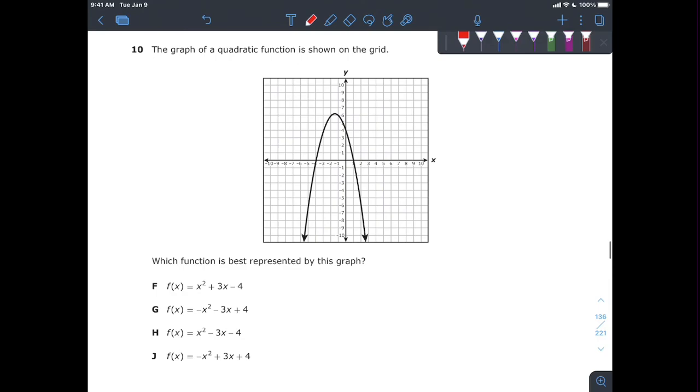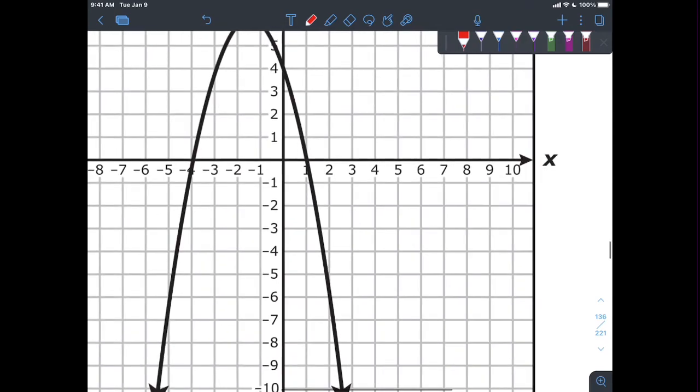Number 10. They want to know what function is represented by this graph. So for this one, I would run a quadratic regression. So I look at this. I'm going to go ahead and find a couple of points that go exactly through the corners of the boxes.